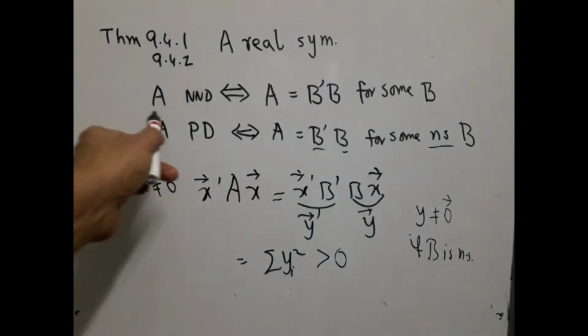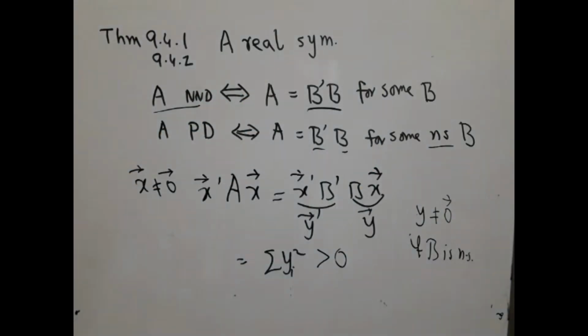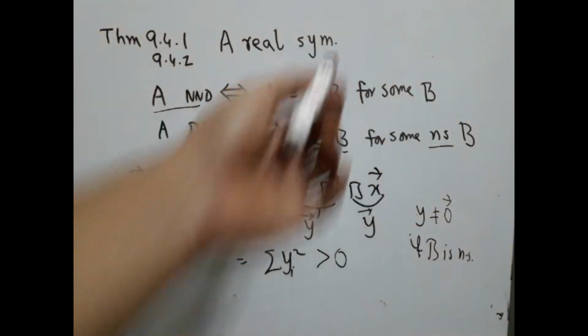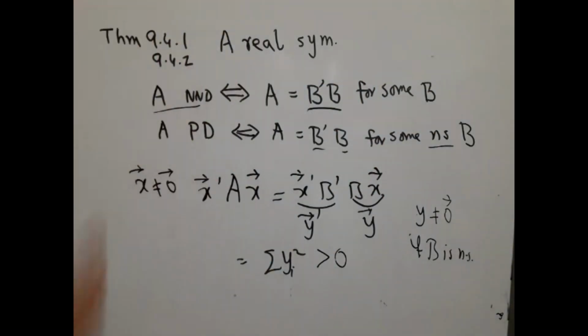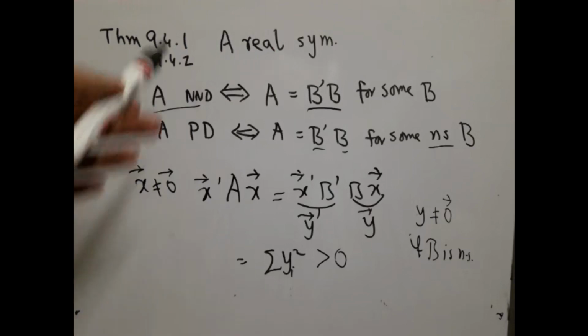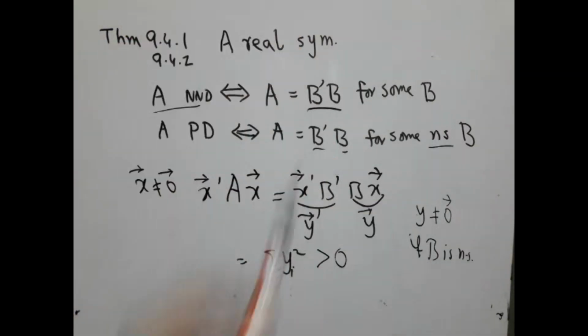Similarly, if I say A is NND, you immediately think of it as B transpose B without any structure needed for the matrix B. So your problem becomes very easy. The fewer conditions you have, the easier it gets. So you naturally want to replace conditions by structure. So this condition becomes this structure. So this is a very important theorem.